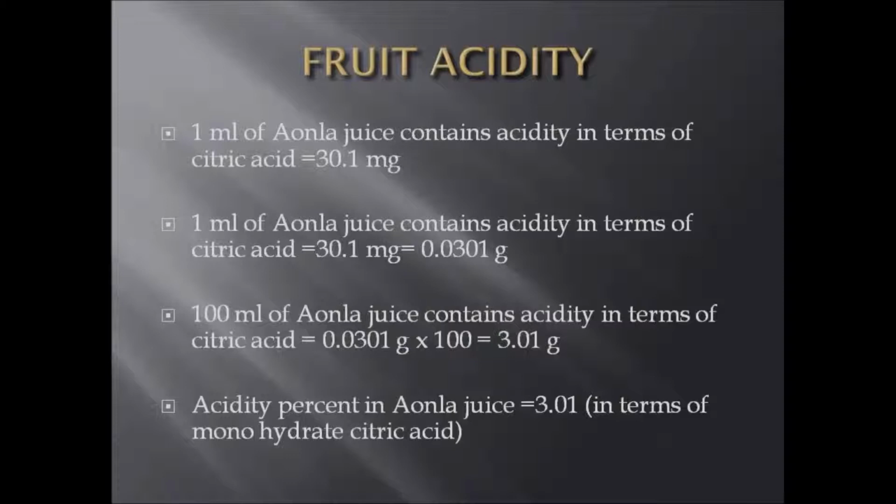So, in this way we have to calculate acidity percent on citric acid basis. Acidity percent of amla juice is equal to 3.01, meaning 3.01 grams of monohydrate citric acid is present in each 100 ml of amla juice.